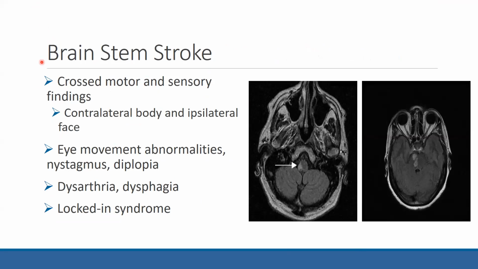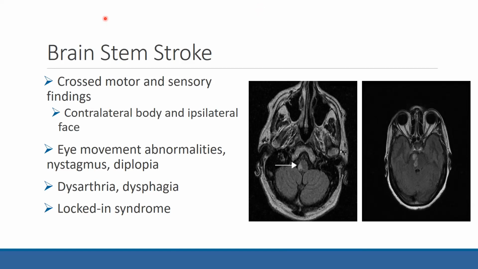And this is because the brainstem is where a lot of your cranial nerves come from. And so where they decussate, where they cross over, is different from where the nerves from your body cross over. And so you can get this interesting pattern where you have maybe left facial weakness, but right-sided body weakness. And that's really indicative of a stroke at the brainstem region.